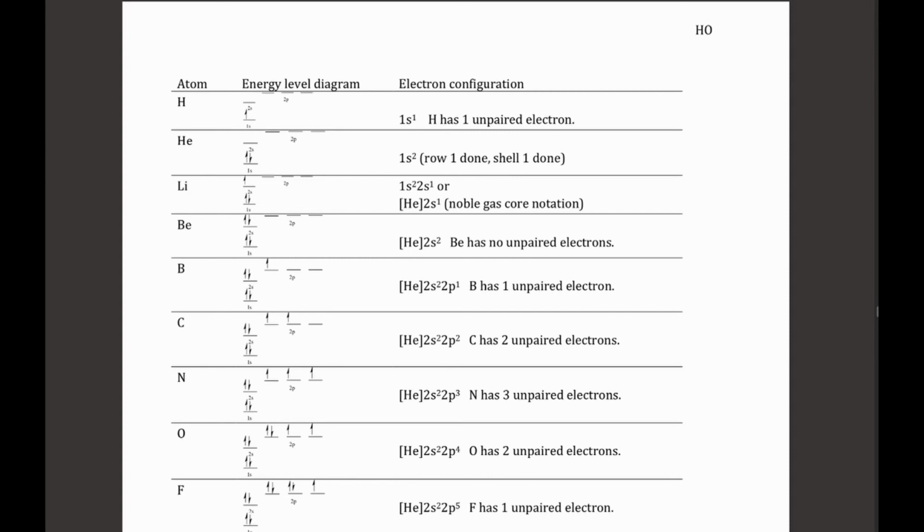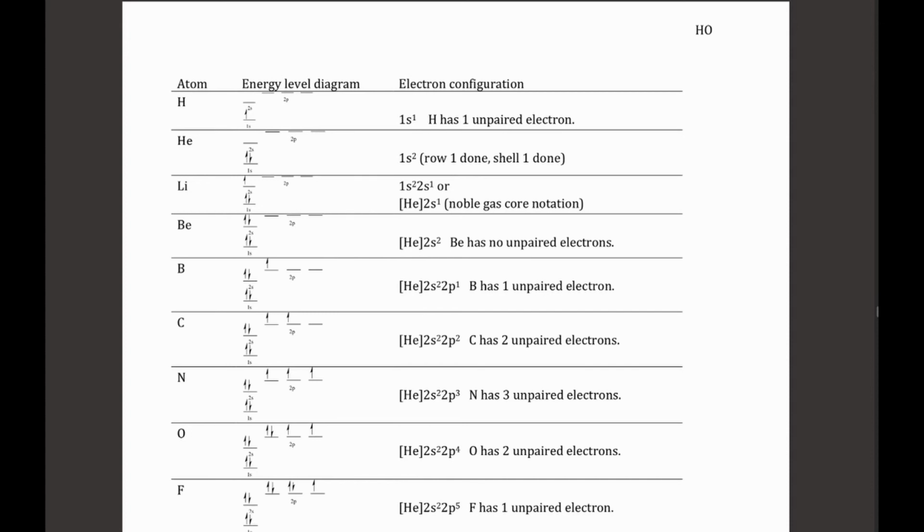Lithium, we're in row 2, and we're in the n equals 2 shell. So we have 3 electrons, we put 2 in the 1s atomic orbital, of course paired, and we put the third one unpaired, pointing up in the 2s atomic orbital. So its electron configuration would be 1s2, 2s1, or we can note that 1s2 is exactly the helium electron configuration, the noble gas coming before lithium.